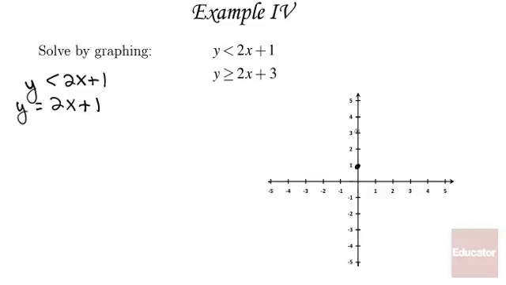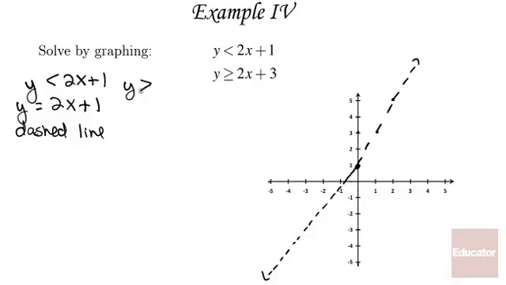So increasing y by 2, increasing x by 1. And continuing on. Checking back and seeing that I need a dashed line because this is a strict inequality. So graphing out this line with a dashed line. So this line will not be part of the solution set, the points on the line.